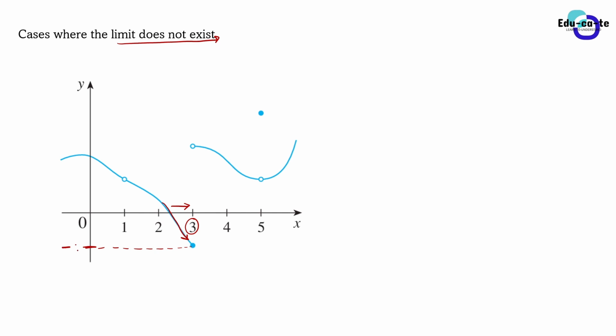Maybe it's negative 1. We're just speculating. So as you approach 3 from the left, the limit is approximately negative 1. So we can say that the limit as x approaches 3 from the left of this function, let's just say it's f of x, is approximately -1.